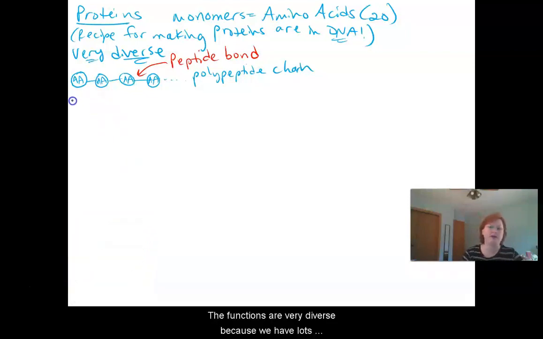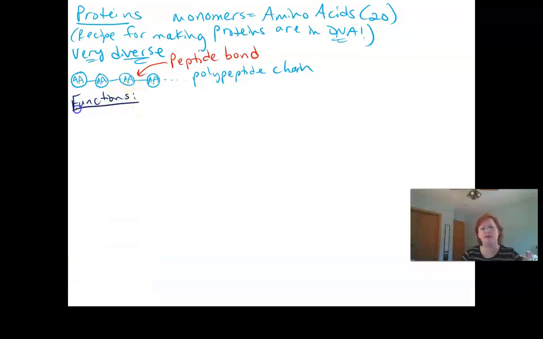Now the functions are very diverse because we have lots of different types of proteins. So we broke it down into 7 categories of functions. So we had movement. So these would be things like actin and myosin.